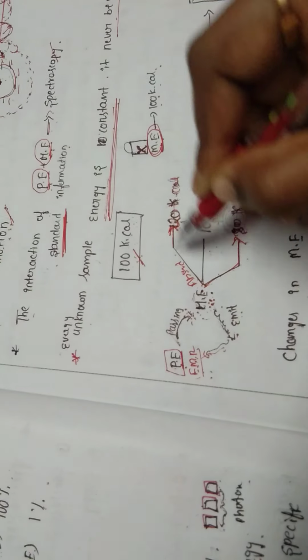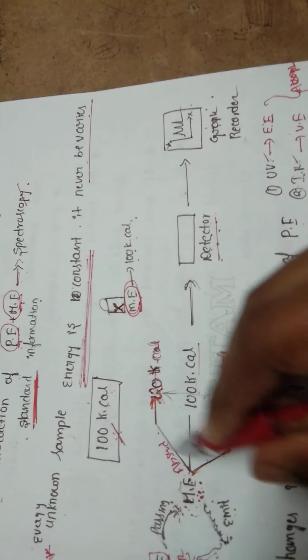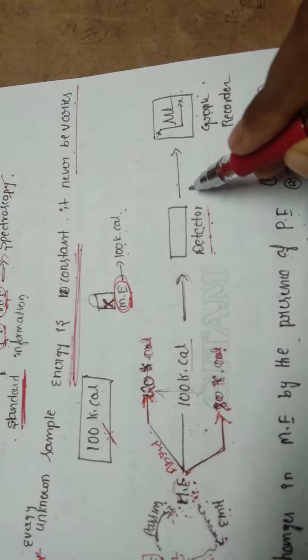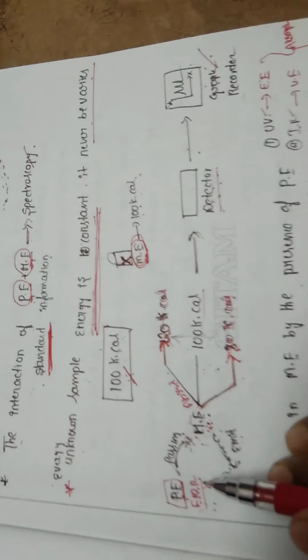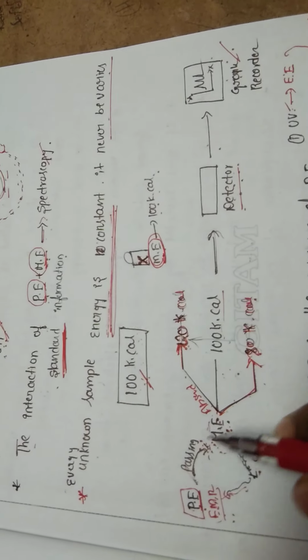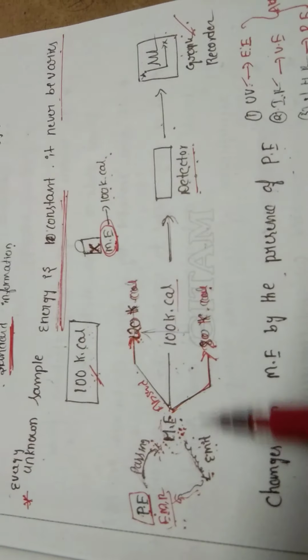These changes in the energy levels are captured by the detector; it detects the changes in the molecular energy levels. Finally it responds by giving the corresponding graph. If I pass UV light radiation, it gives a UV spectrum. If I pass IR radiation, it gives an IR spectrum. If I pass NMR radiation, it gives an NMR spectrum.